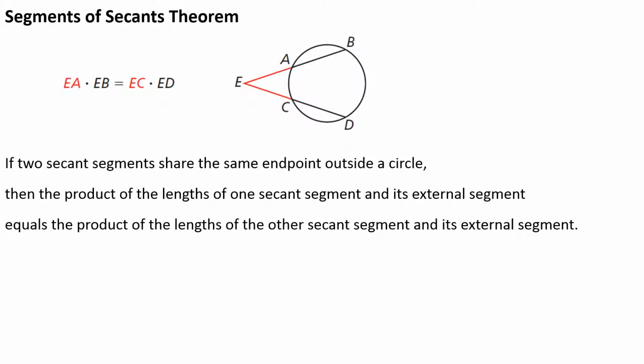All right, in each case, we're taking the external segment of the secant, multiplying it by the entire segment of the secant. Again, this also makes more sense to me when I see with numbers.